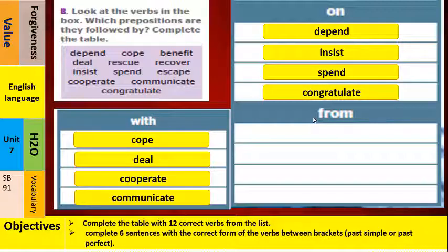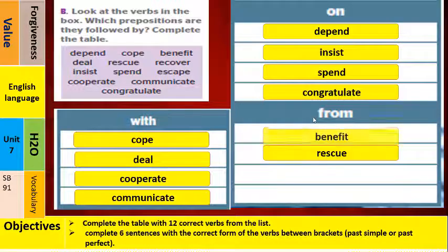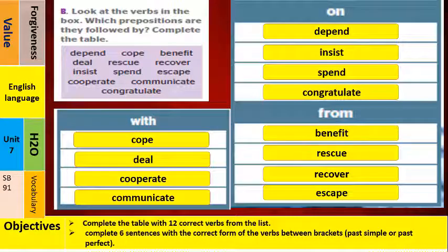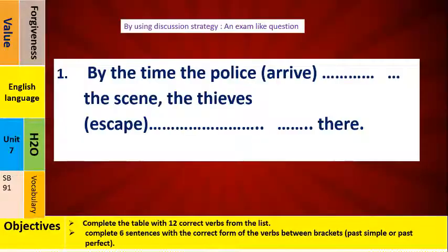The last list starts with rescue from a particular problem, to help someone, to benefit from a huge amount of money, for example, to escape from and to run away, and to recover from coronavirus, for example. Here we finish task B.